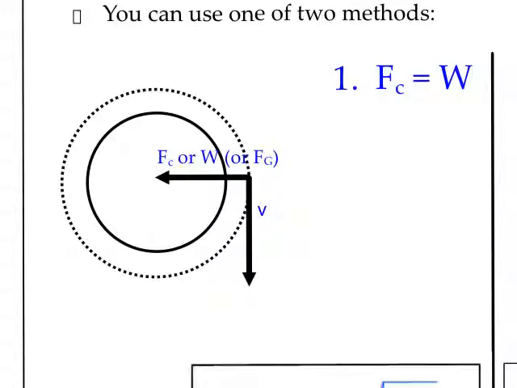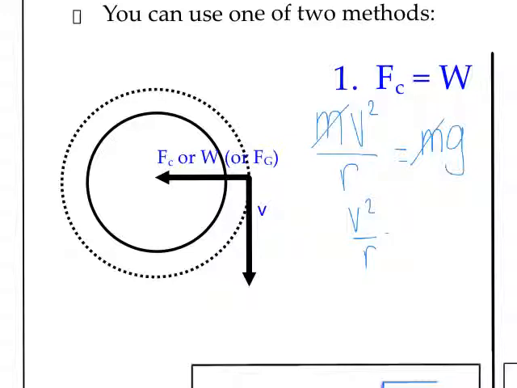I'm going to make some substitutions. The centripetal force is equal to the mass times velocity squared over the radius, and then the weight of the object is equal to the mass times the acceleration due to gravity. Notice that the masses cancel out, and that leaves me with v squared over r is equal to the acceleration due to gravity.